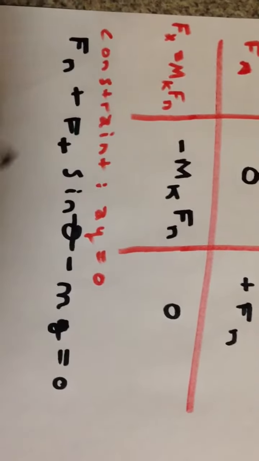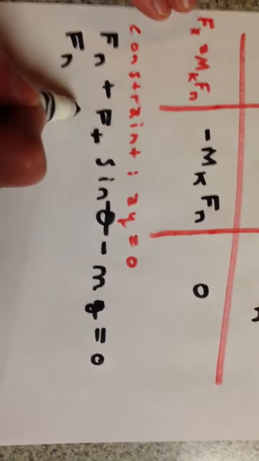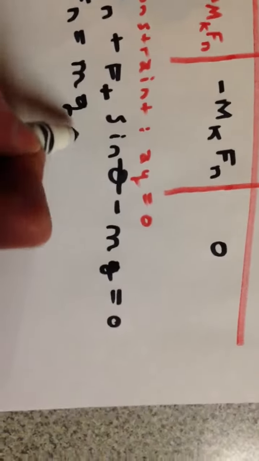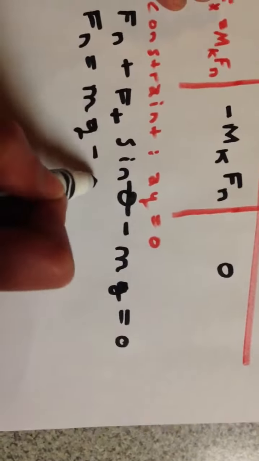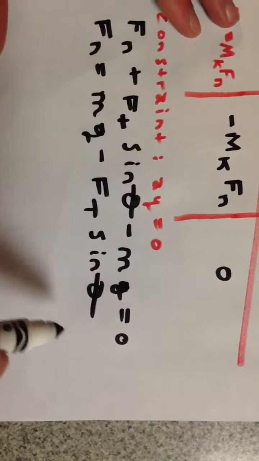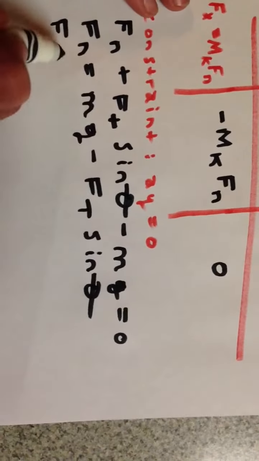Okay, and we're just going to reorganize this and put normal force equals mass times gravity minus the tension force sine theta. I'm just going to plug in the values that were given.